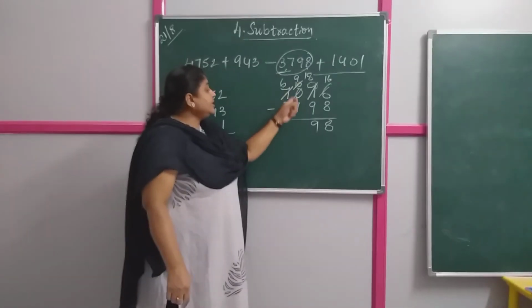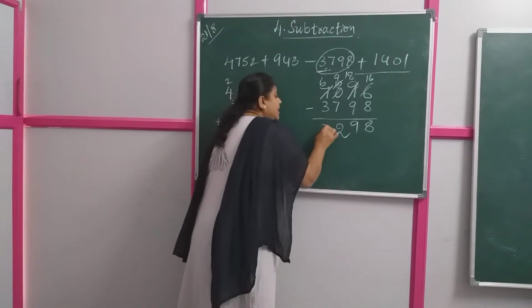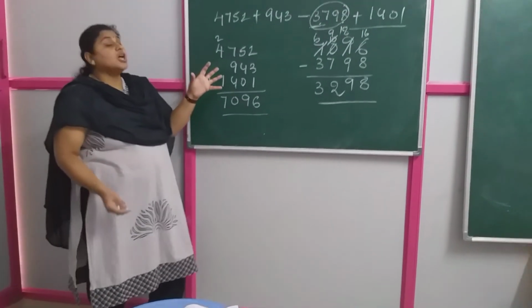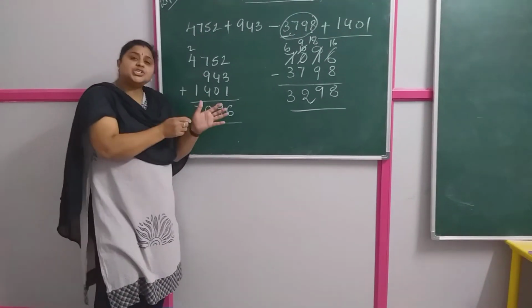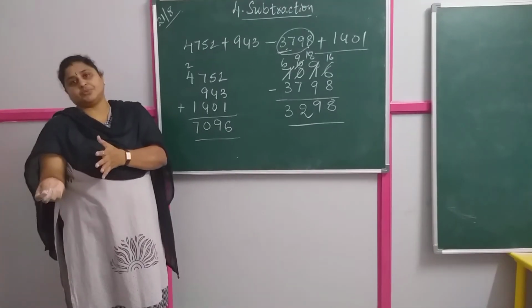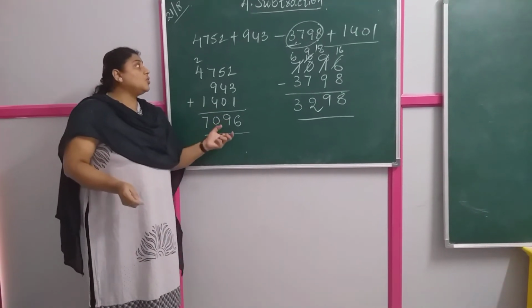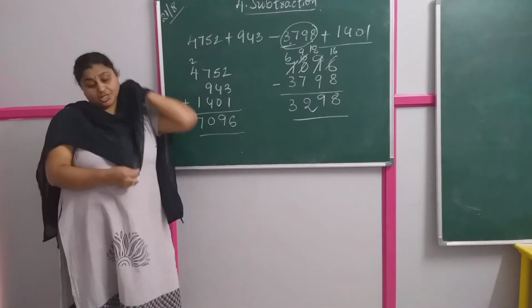And from 9, 7 to 6 minus 3, 3. This is your answer. So check first what all the numbers you have to add. First addition, then subtraction. This is how you have to solve the additions as well as the subtractions all together.